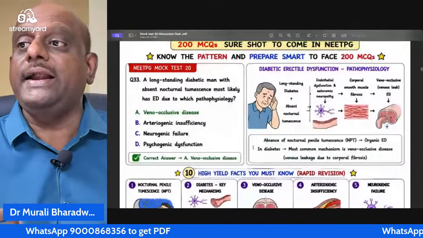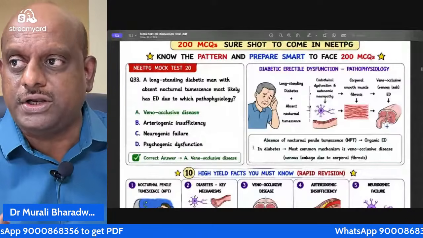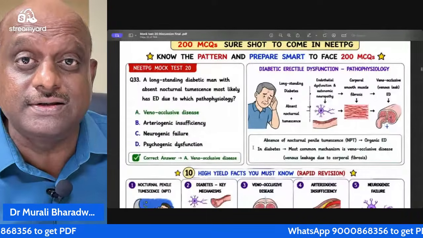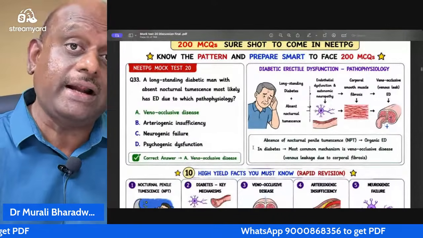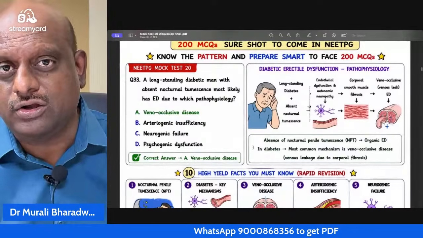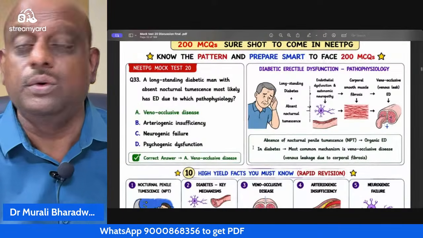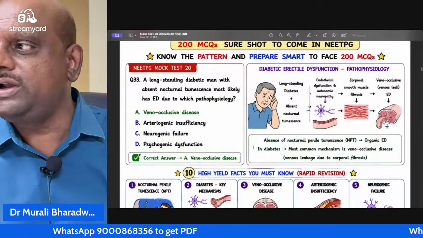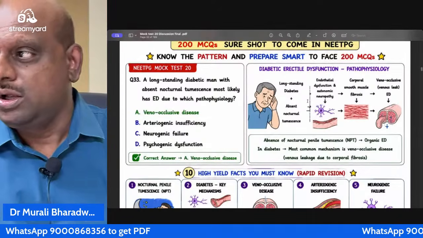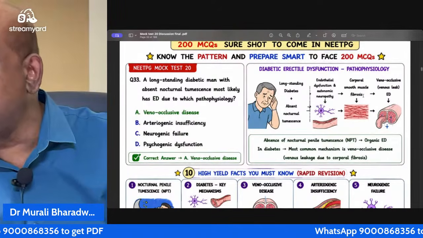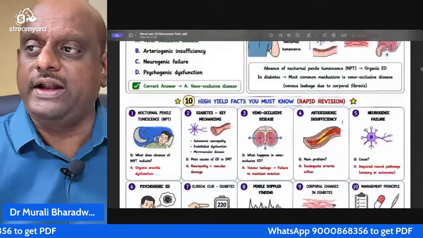A long-standing diabetic with absent nocturnal tumescence has erectile dysfunction. What is the underlying cause? Diabetes leading to veno-occlusive disease due to endothelial injury and corporal smooth muscle fibrosis is what we need to remember.